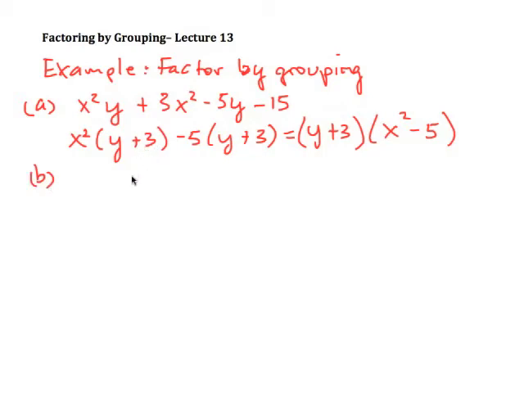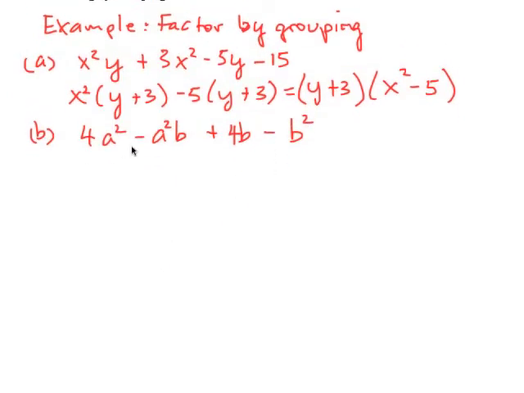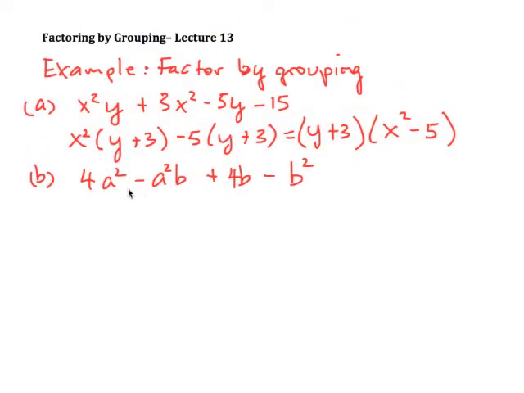Right, part B. Let's suppose I have 4a squared minus a squared b plus 4b minus b squared. So we start looking for factors in here. Notice we have an a squared here and an a squared here. We also have a b and a b squared here.